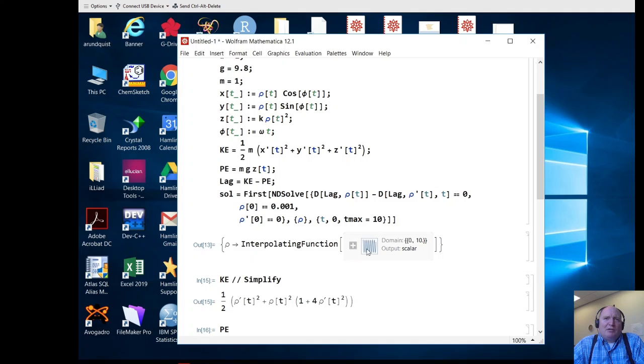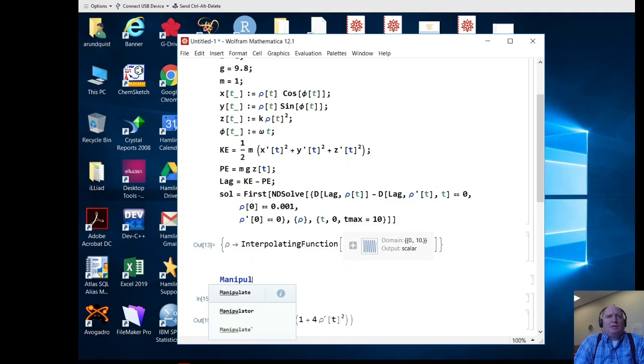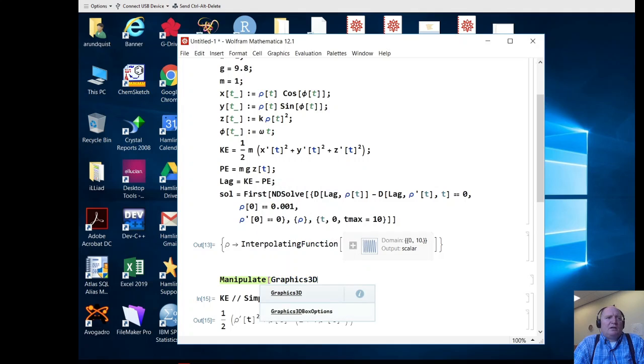And I'm not even going to plot it. You can see it's oscillatory, right? So I can make a pretty picture of it, but it's clearly oscillatory. Actually, making a movie of it might be sort of cool. So let's see here. If I do Manipulate and Graphics3D, I'll just do the point, I guess.